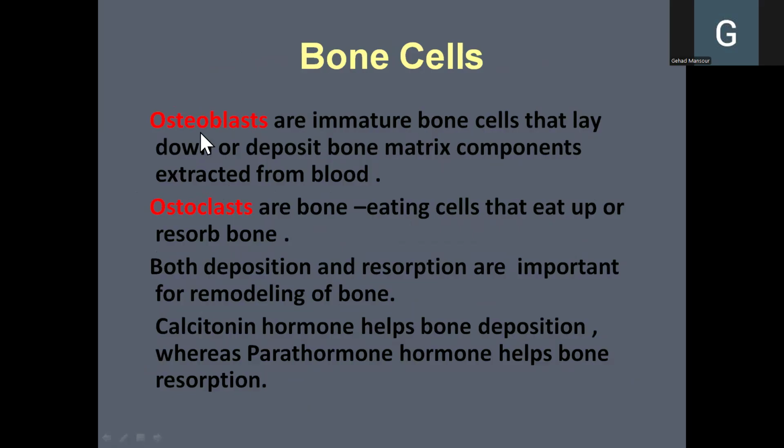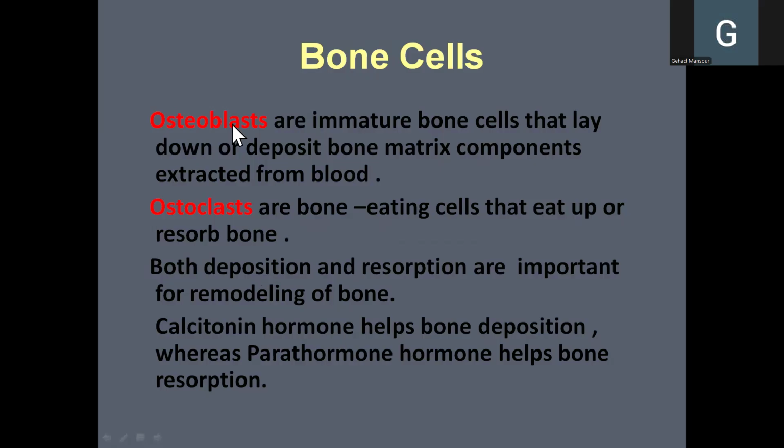The osteoblasts themselves have originated in the blood because one day they were stem cells circulating in the blood. On the other hand, we have the osteoclasts, which are bone-eating cells. They eat up or resorb bone. Resorb here means returning calcium and phosphorus to the blood.